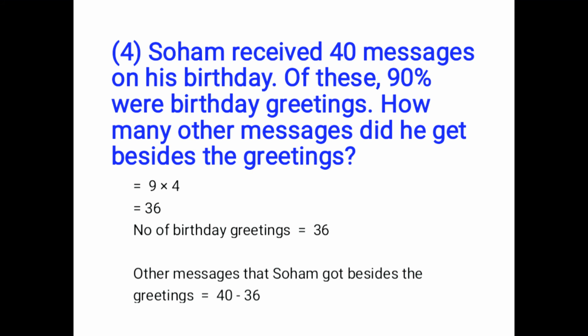From 40 you have to subtract 40 minus 36. Then you will get the other messages that were left besides the greetings. That is 40 minus 36, the answer is 4. Subtraction, do it carefully.